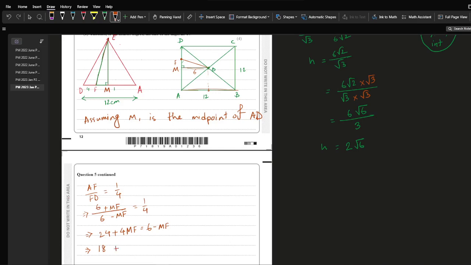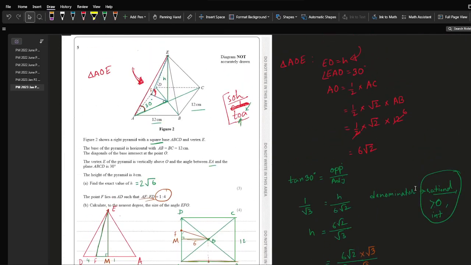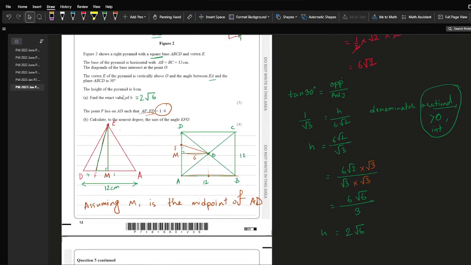There may have been a mistake somewhere. Okay, I see where the problem is. Our F is not there. That was my biggest mistake. So the F is actually closer to A. Because of that, our F would come to this side.